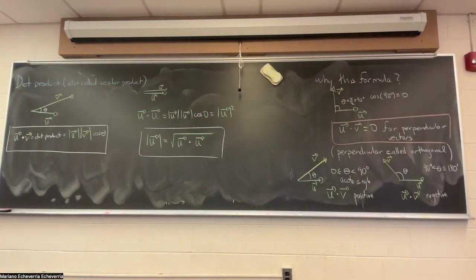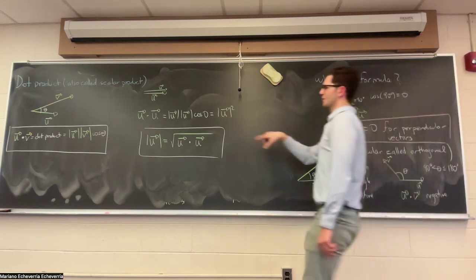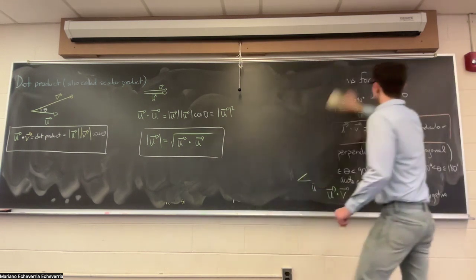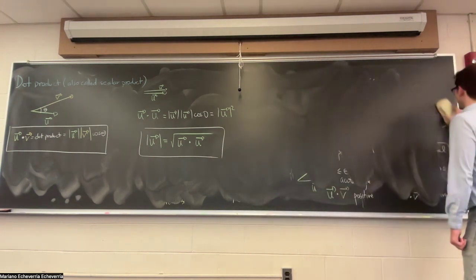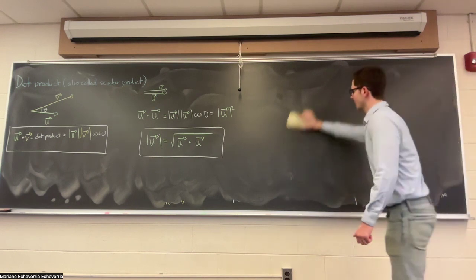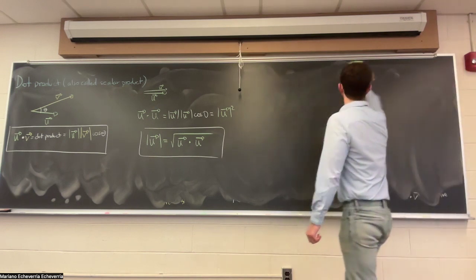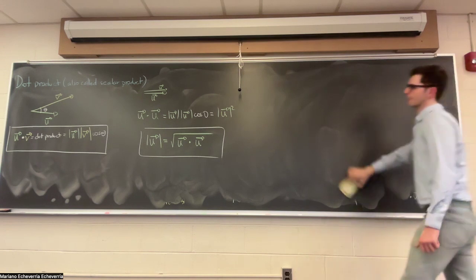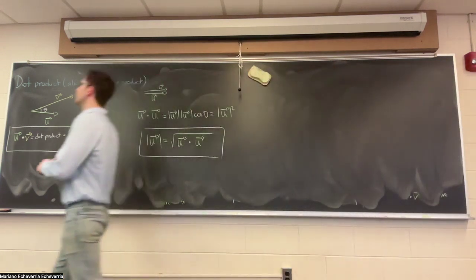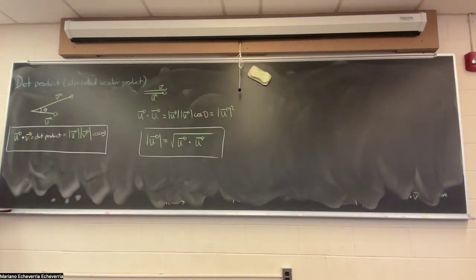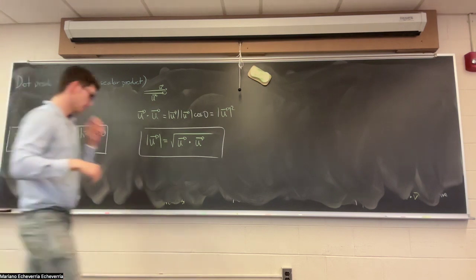Okay, but before actually putting this to use, I just need to tell you something else about the dot product, which is another property that it's assumed to have, which is the distributive property.